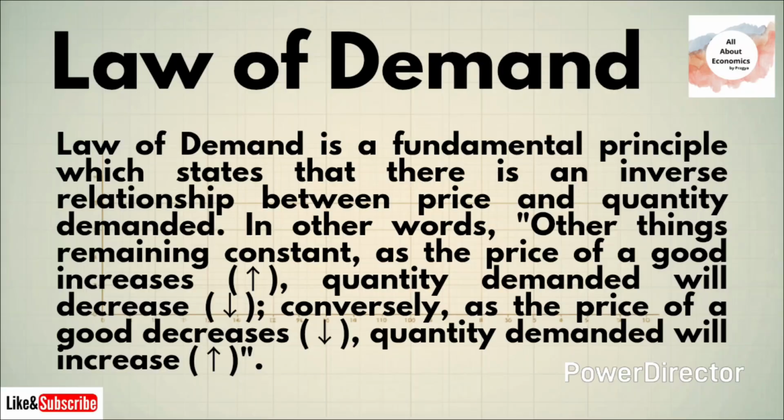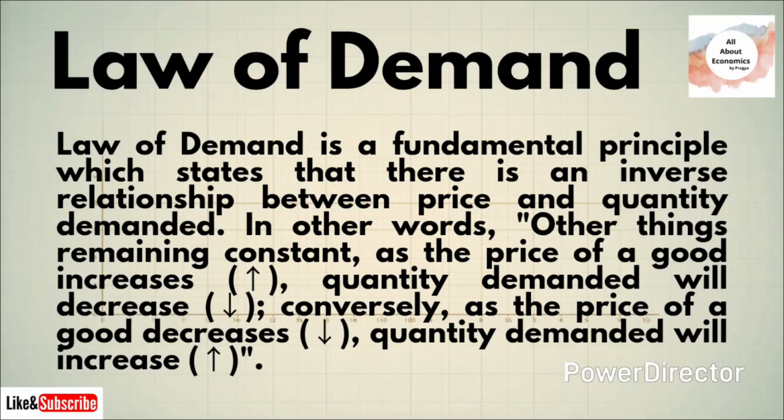You will focus on this: I am talking about when price increases and demand decreases, and not the vice versa situation. I am not talking about what is happening to price when the demand is changing, like demand is increasing, price is decreasing. That is not the case here. We are taking the case of how price is impacting the demand. So price is the independent variable and demand is the dependent variable.